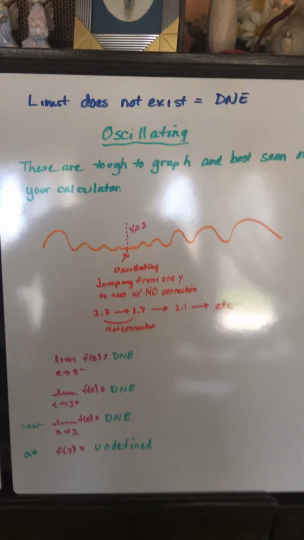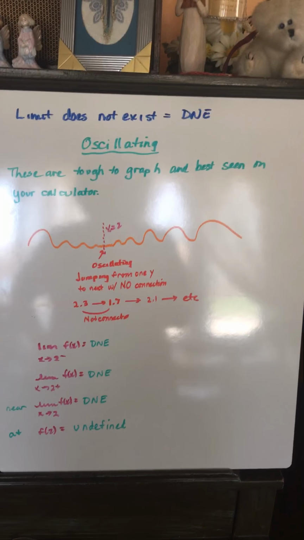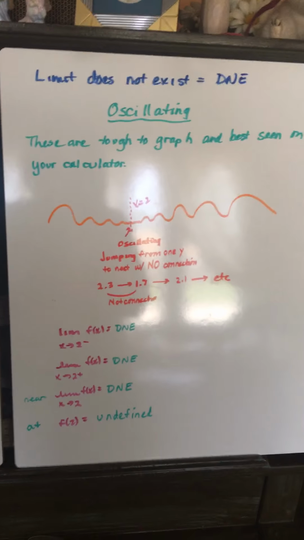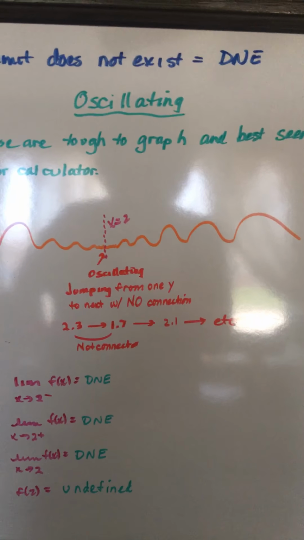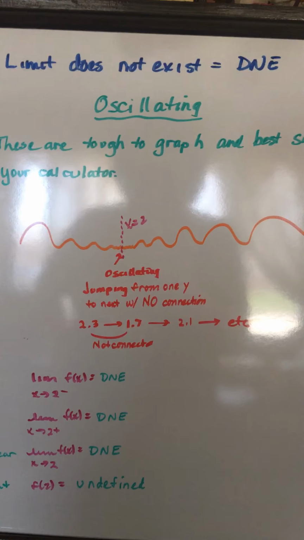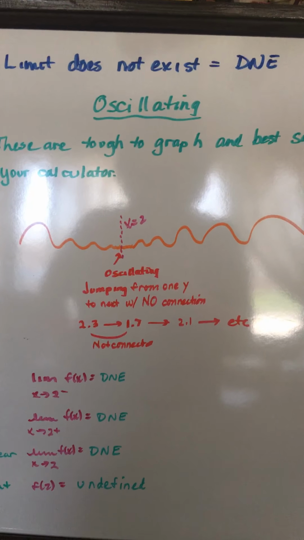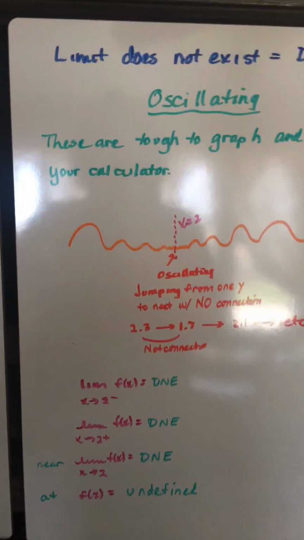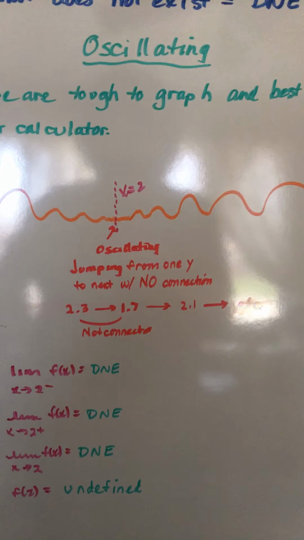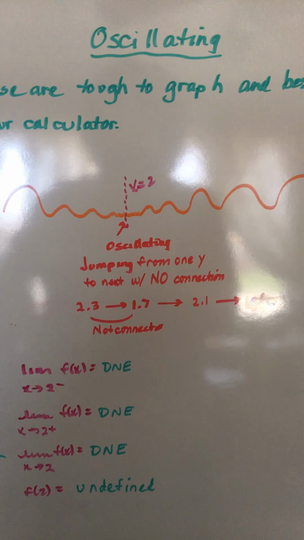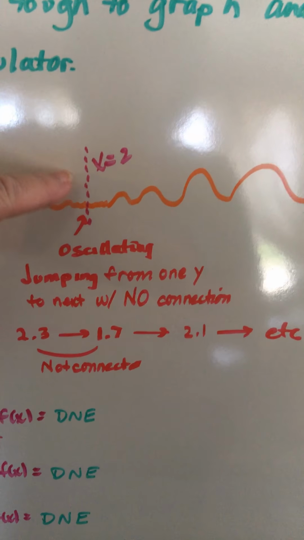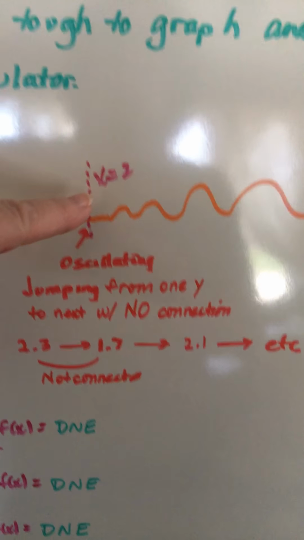Now, the last form of a discontinuity where the limit doesn't exist is oscillating. These are tough to graph. We'll do one in another video when I show you on the calculator. It's kind of like doing the graph of 1 over cosine x between -1 and 1 or something like that, and you'll see we'll get it there. But oscillating says it's jumping from one y to another. So in here it's going like from here to here to here to here to here to here.